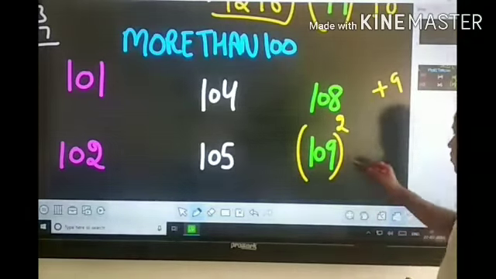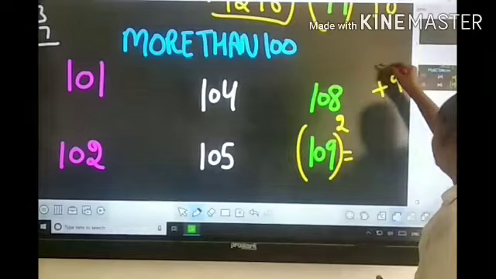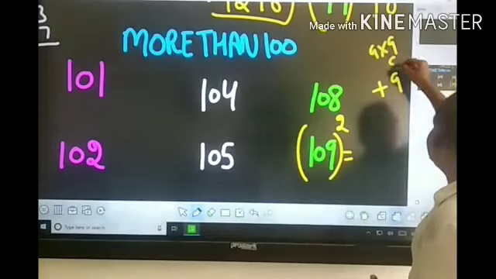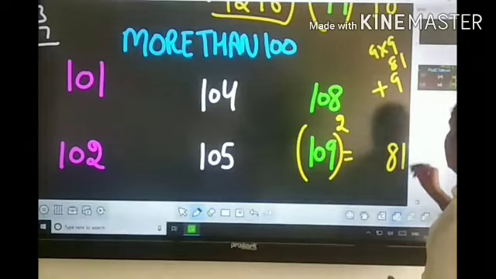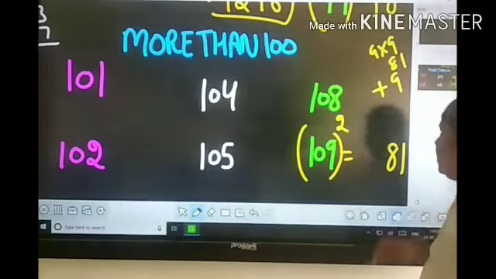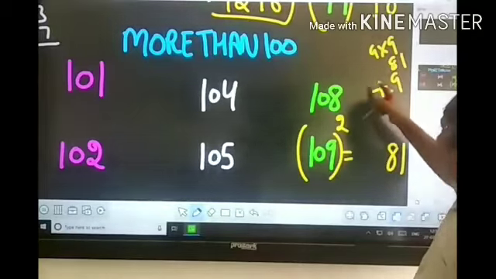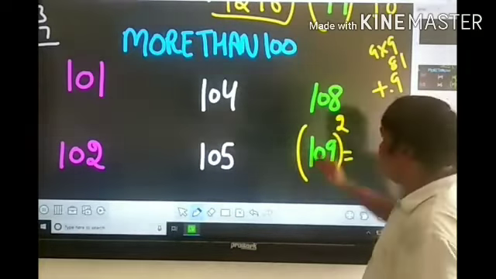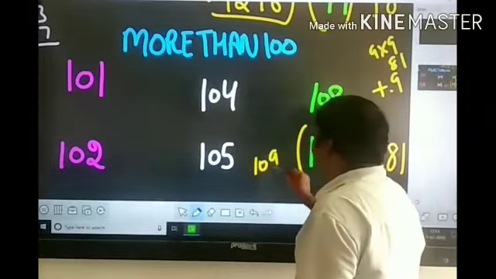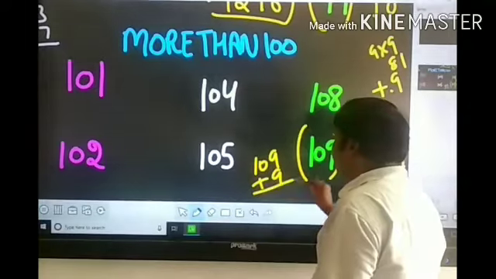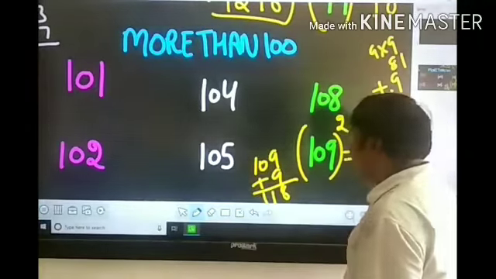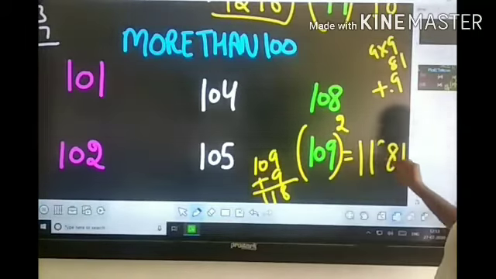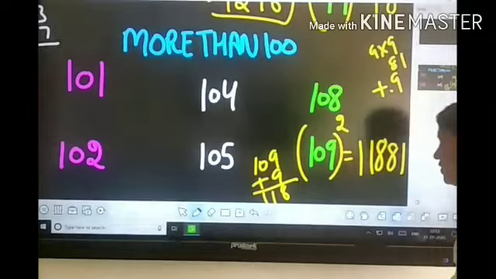Here you will see that 109 is 9 more than 100. So you will multiply 9 with 9. So the answer is 81. And now because this is more than 100, you will add 9 to 109. So this is 118. So the answer is 118.